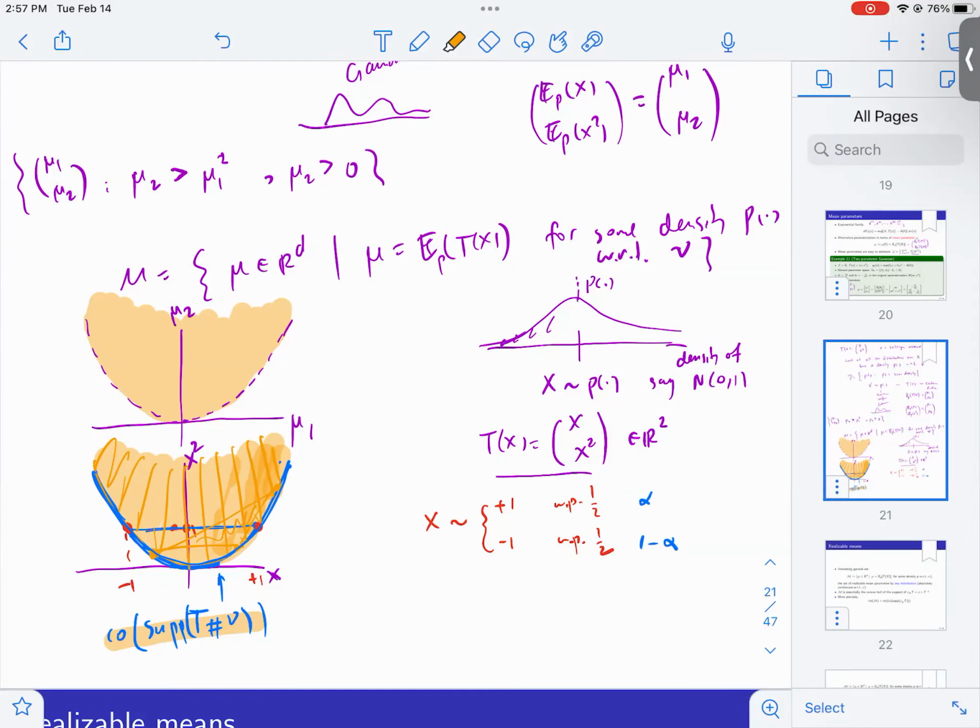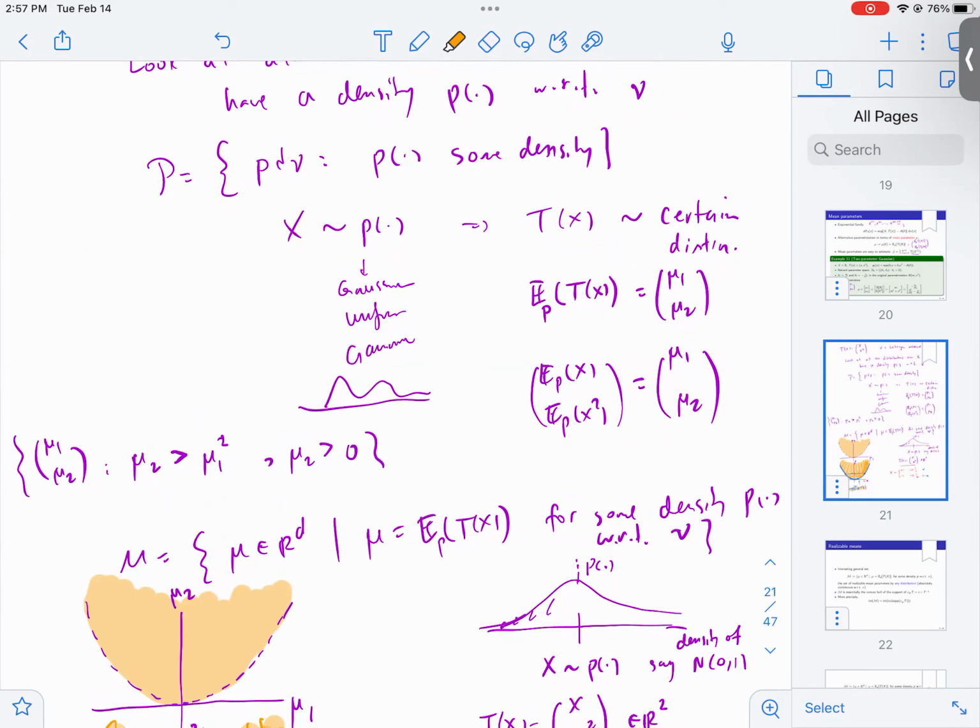So let's put this geometric idea aside. The result that I wanted to mention is that this set of realizable means, which is realizable by any possible density, is entirely realizable by the exponential family that has this sufficient statistic and that mu.